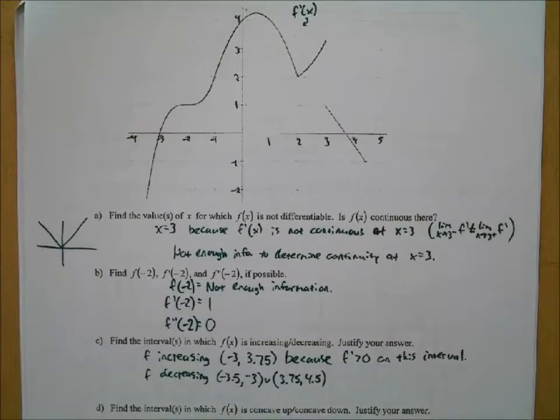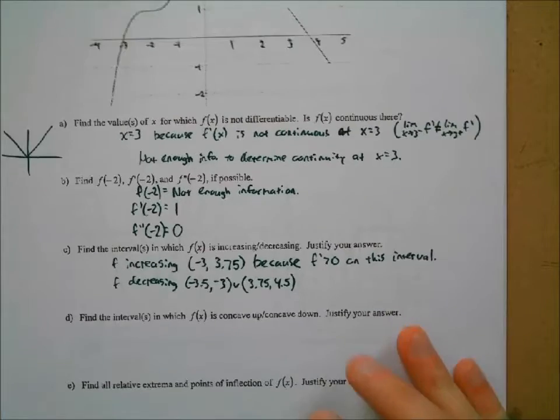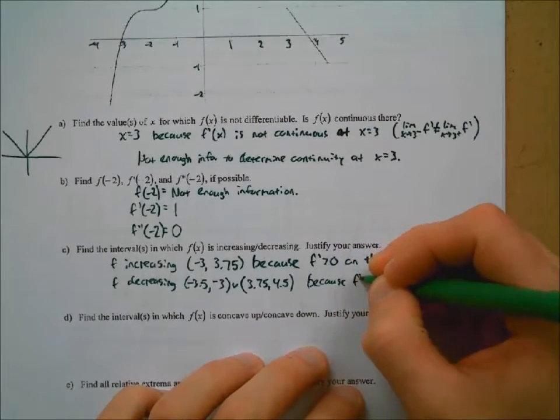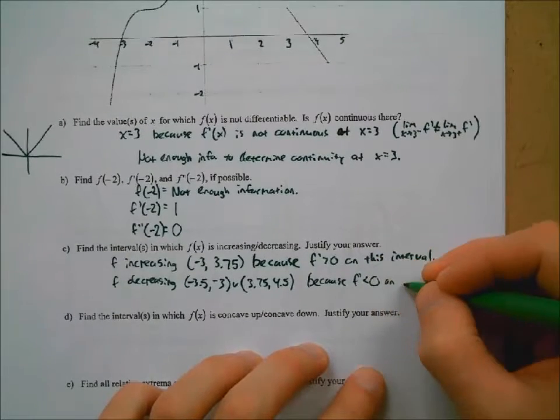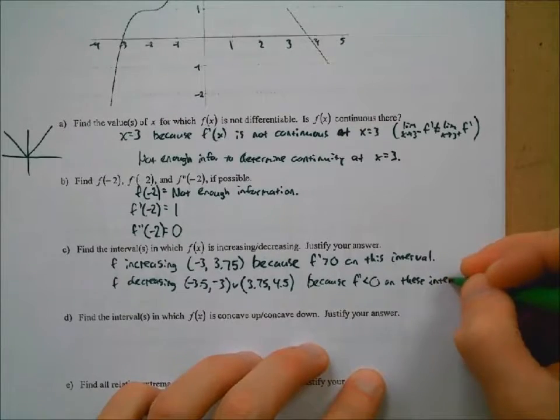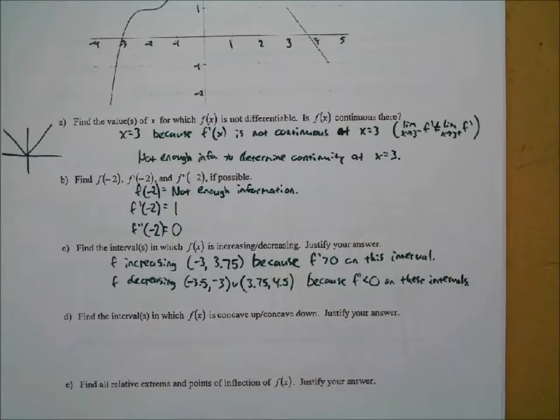Okay. Because, what's our justification here? F prime is less than 0 on these intervals. Okay.